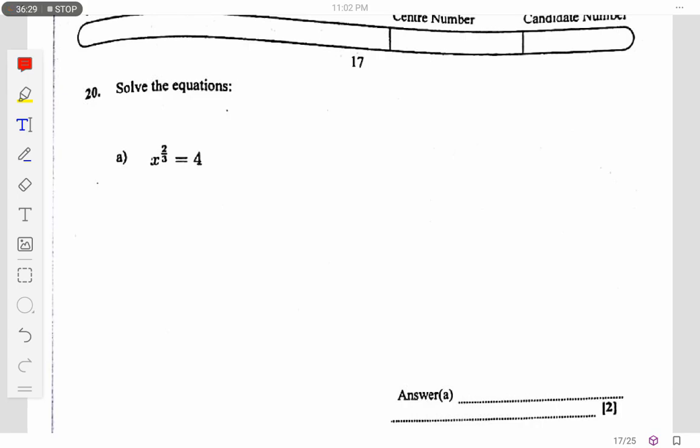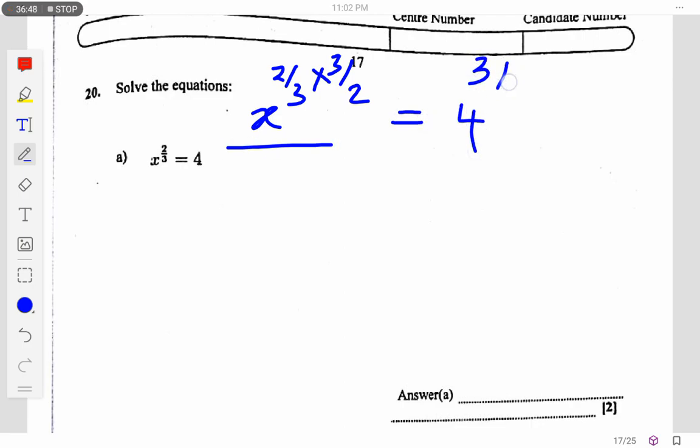Solving this equation now, basically we can say x to the power of 2 over 3. To remove this whole power here, we multiply by the opposite, 3 over 2. And what we do on this side, we also do to the 4 here. We multiply by 3 over 2. On the left side, they are going to cancel each other.